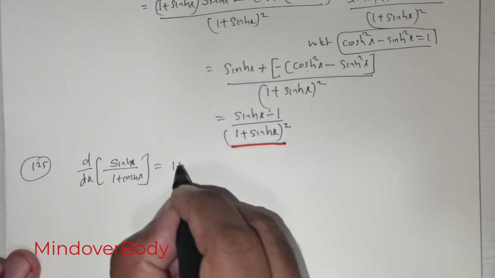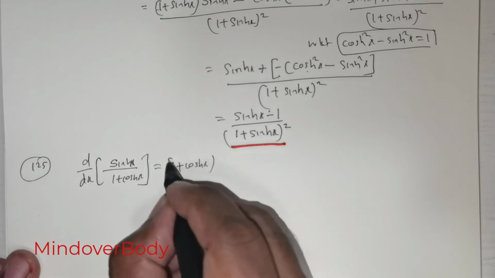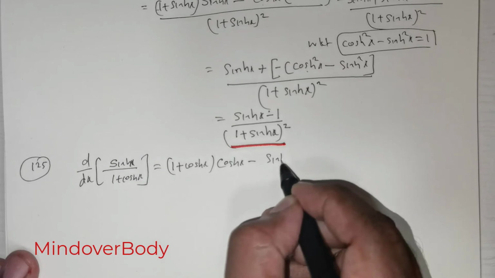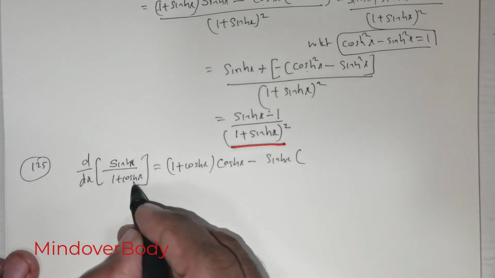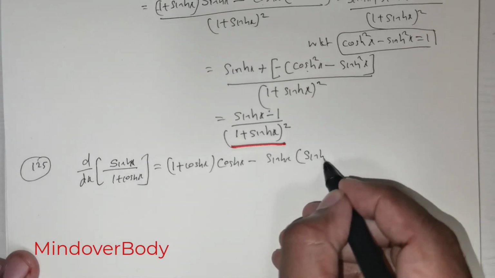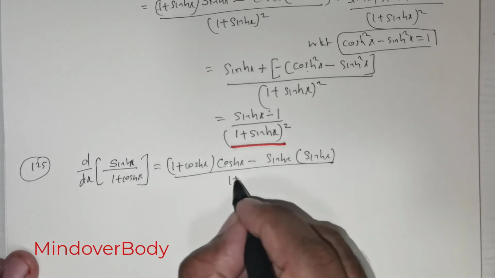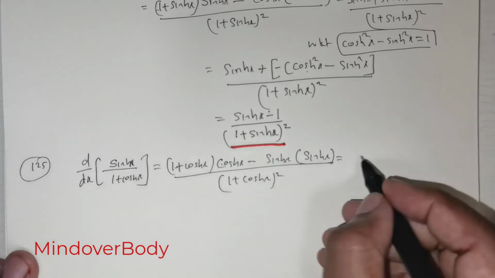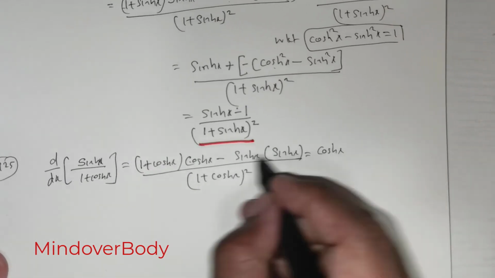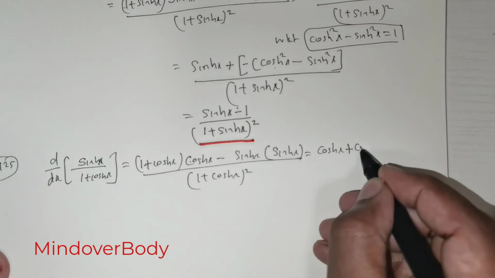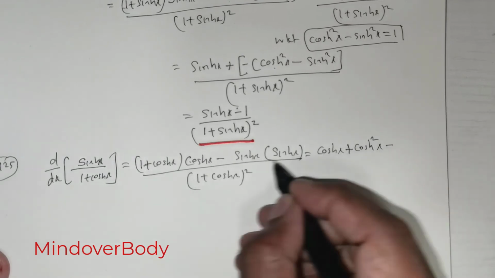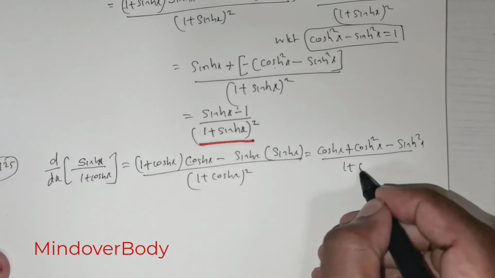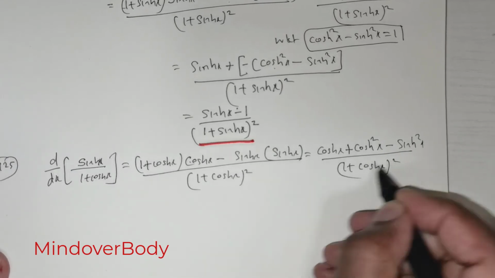So this is going to be 1 plus cosh x times differential of sinh x, that is cosh x, minus sinh x, times differential of 1 plus cosh x, which is sinh x, divided by 1 plus cosh x raised to the power of 2. Cosh x times 1 is cosh x, cosh x times cosh x is cosh squared x, sinh x times sinh x will give me sinh squared x, divided by 1 plus cosh x raised to the power of 2.